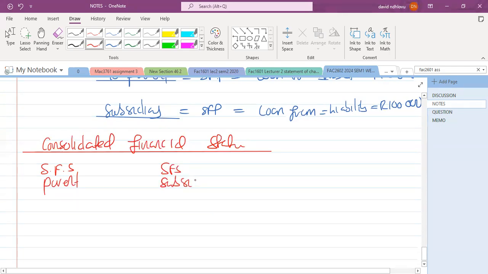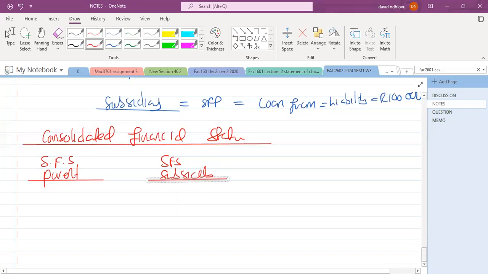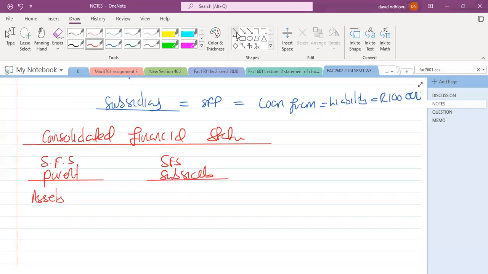We are now combining this. Right, on the day of the transaction, parent gives a loan to the subsidiary. What is going to happen is that these guys, in their assets, they are going to have an increase in terms of the loan too, with an amount of 100,000 here.